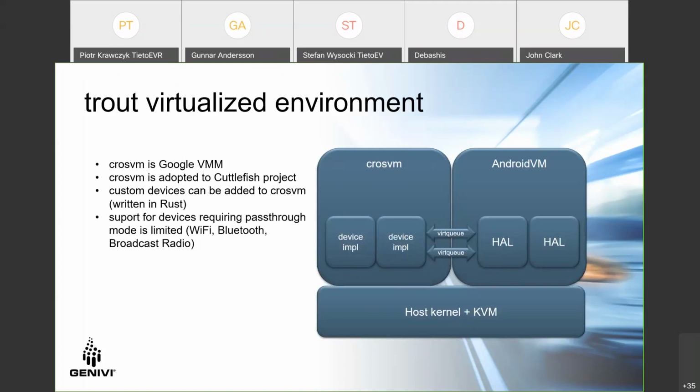So how is Trout actually deployed? As I mentioned, Trout is delivered with crosvm, which is a virtual machine manager dedicated to running Linux operating systems. It requires KVM support from the kernel side, and it is able to run the Android that can be built from the sources in a KVM manner.